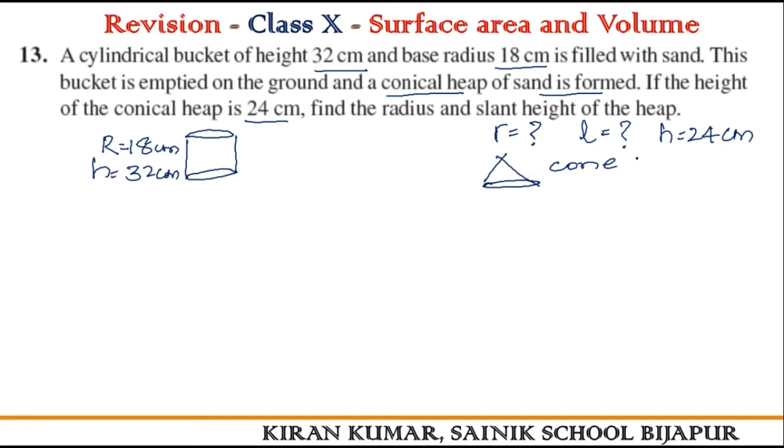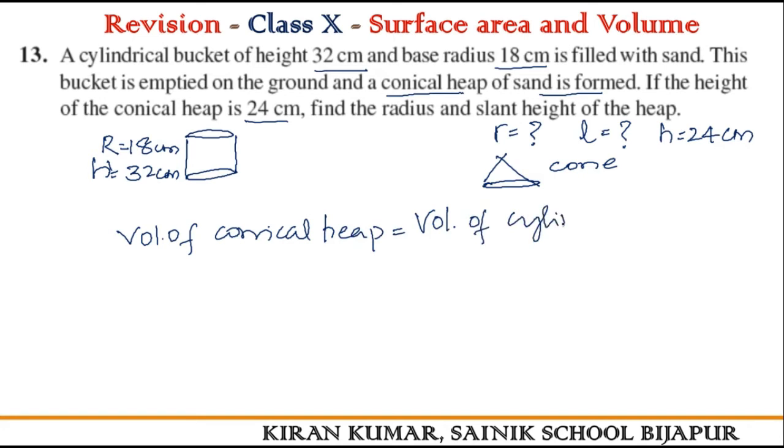When I have written small h here, let me mention this as capital letter H. So here, volume of conical heap will be equal to volume of cylinder. Volume of the conical heap is 1 by 3 pi r square h, which will be pi r square h.